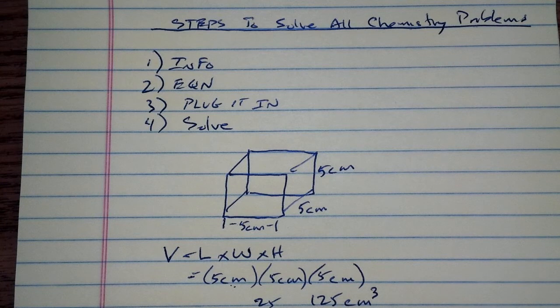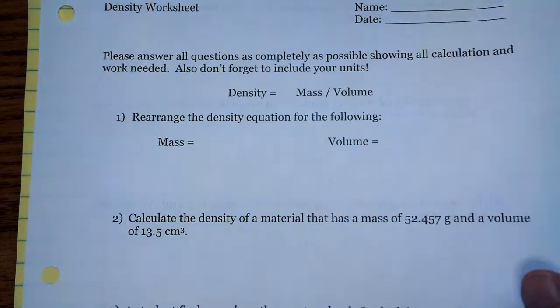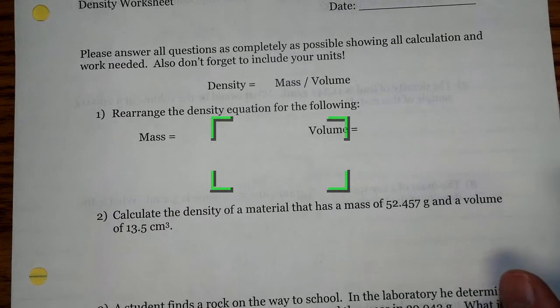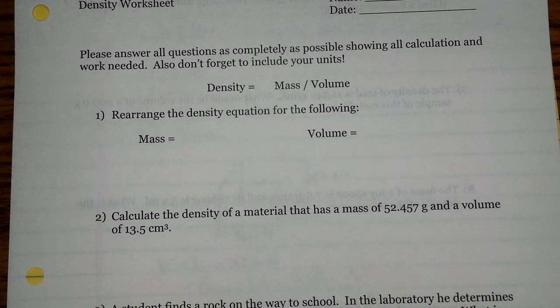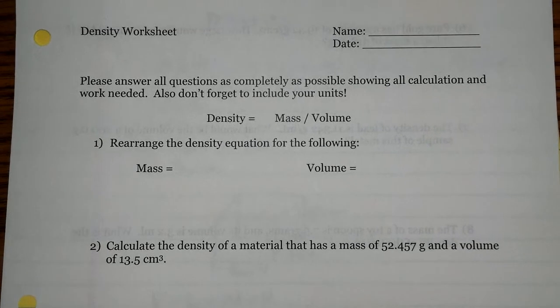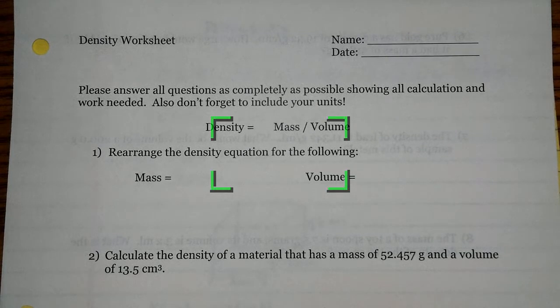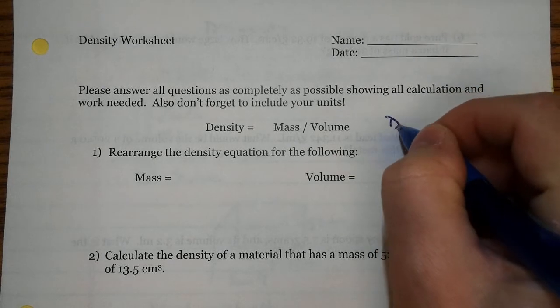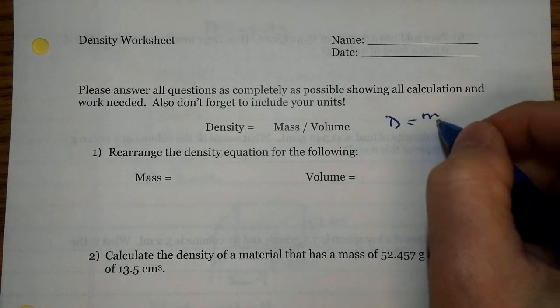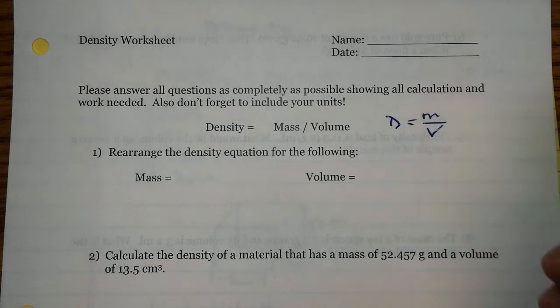Now, I have a handout here. And on our equations, I think you guys remember from physical science, the equation for density is equal to mass divided by volume, m over v.